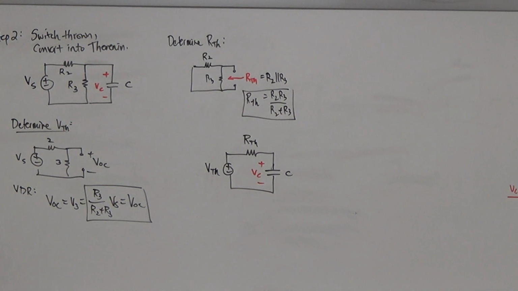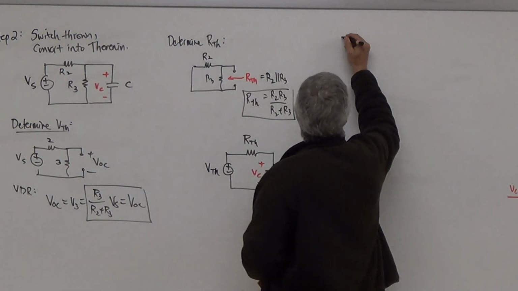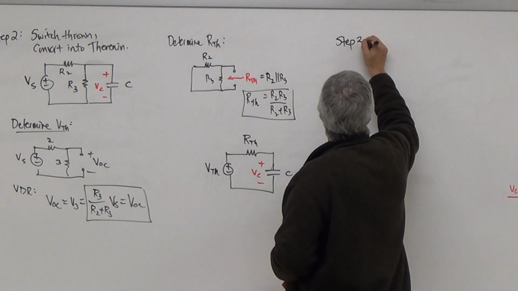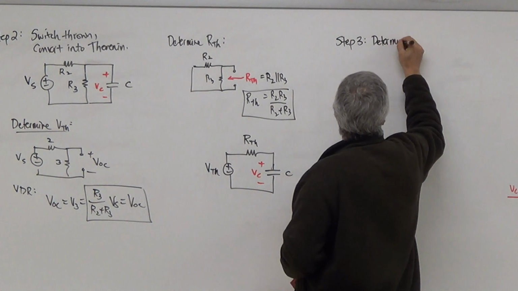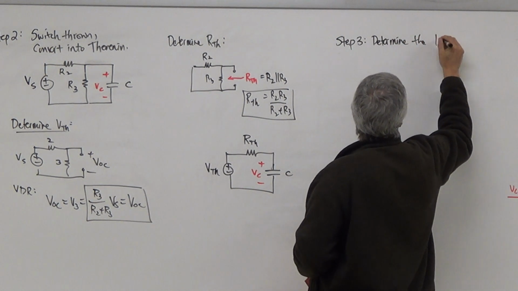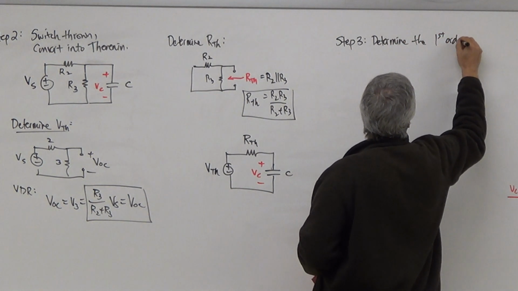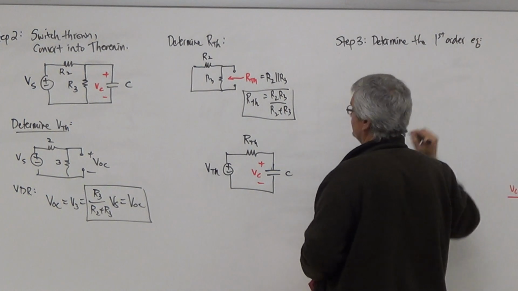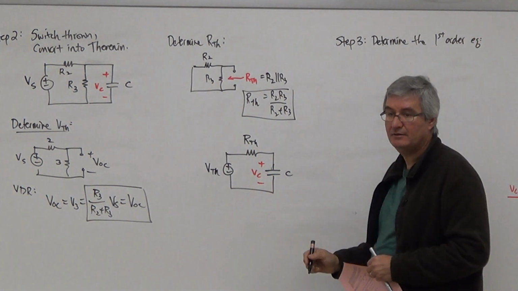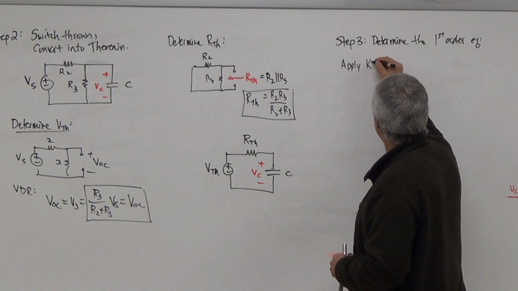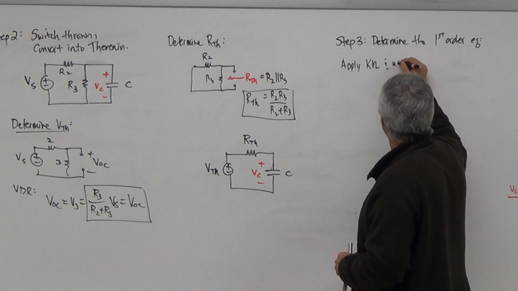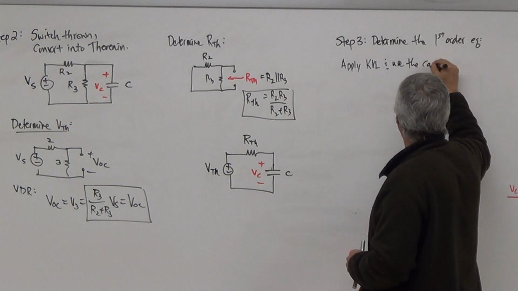Let's go do it. So now if I get to step 3 here, I need to determine the first order equation. So when I look at this guy here, I'm going to apply KVL and use the capacitor equation.